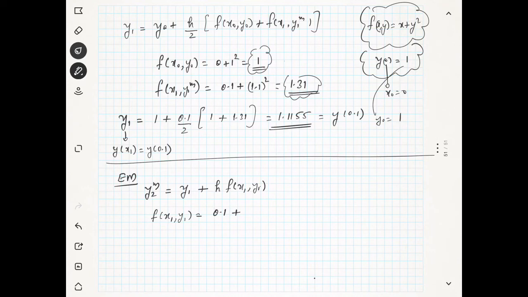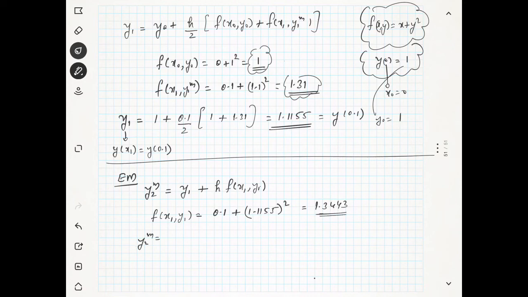What is y1? y1 is 1.1155, whole square. So you will get 1.3443.